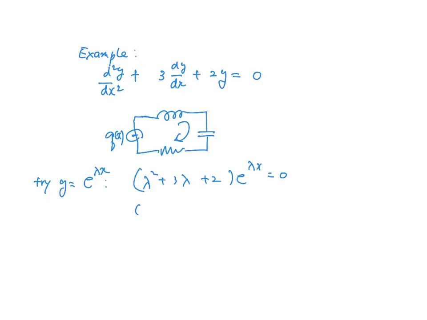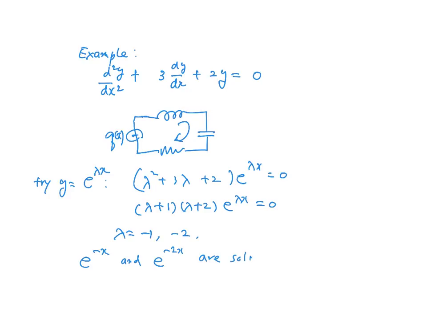So we can factorize, so lambda can be minus 1, minus 2. That means exponential minus x and exponential minus 2x are solutions.